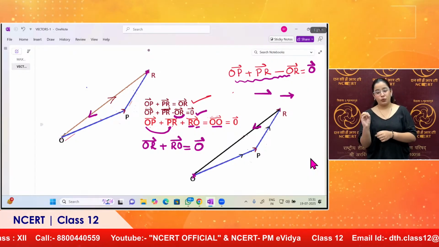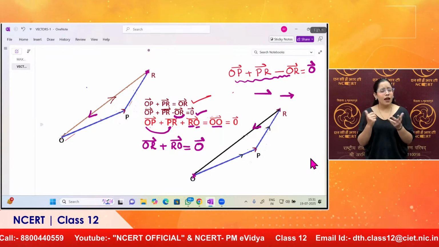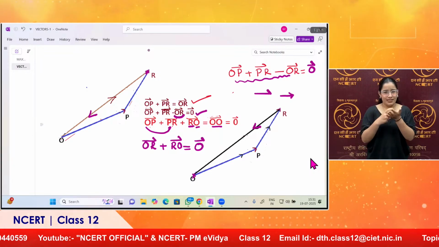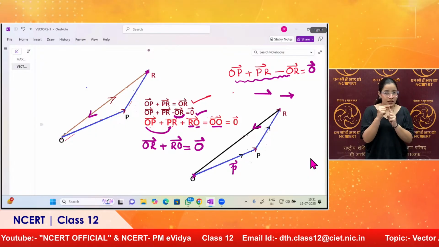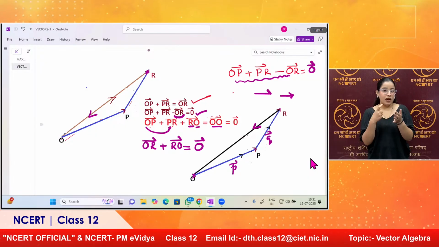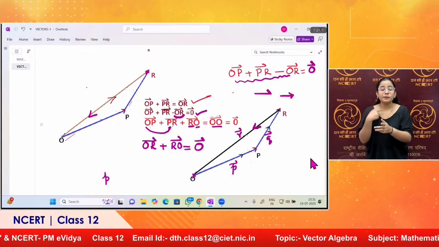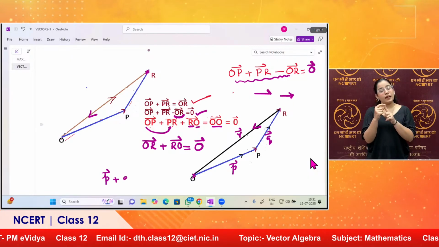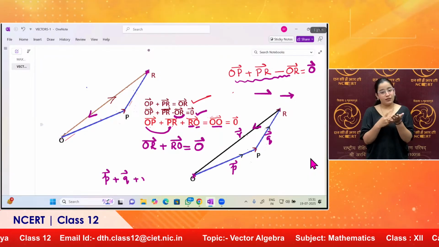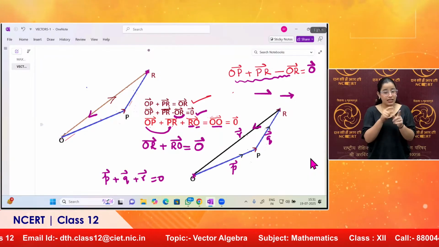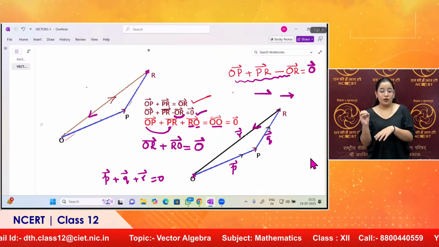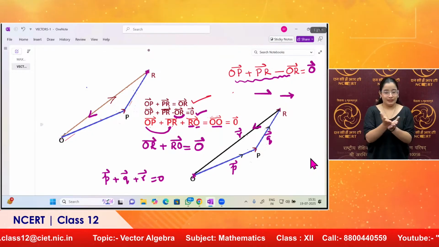So what we find is we have added up these vectors. Let me name these vectors as P, Q, and R. See the direction of R. So the sum of the vectors P, Q, and R is equal to 0. They represent the sides of a triangle.